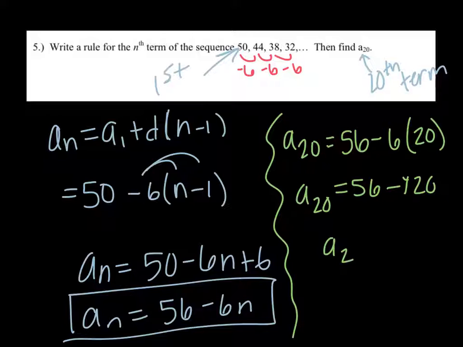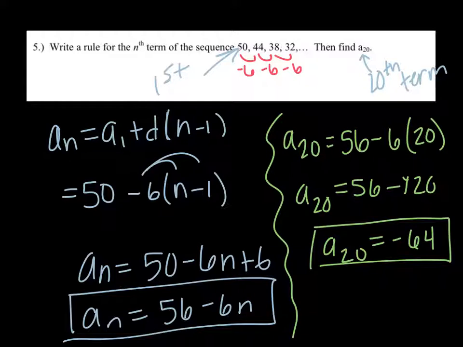So a sub 20 equals negative 64. So your 20th term value would be negative 64. It is a linear function, but it's not necessarily based off of a y-intercept or what you're used to. It's really based off that first term in your sequence. So you guys can go ahead and try the other one.